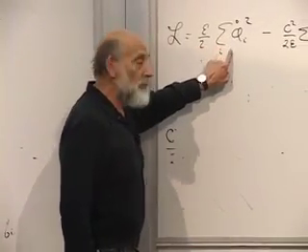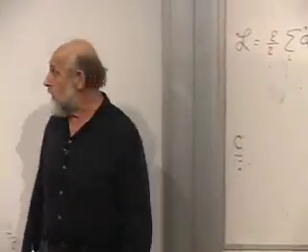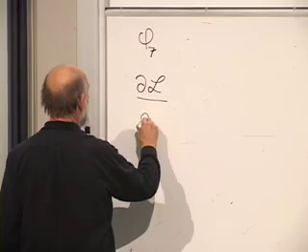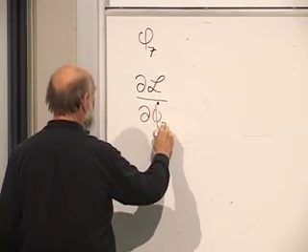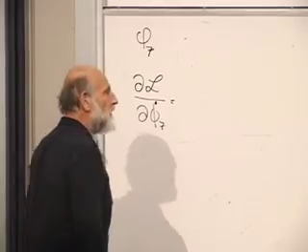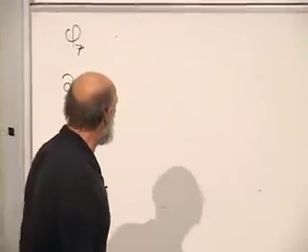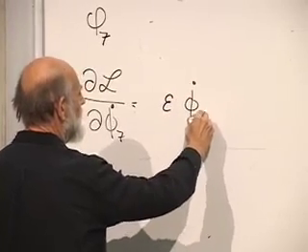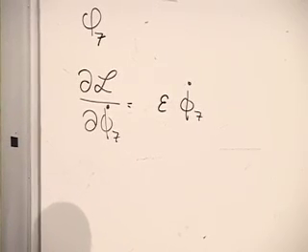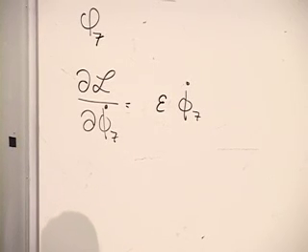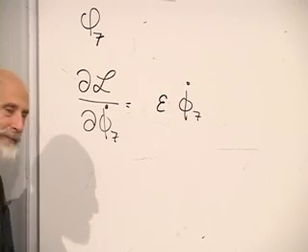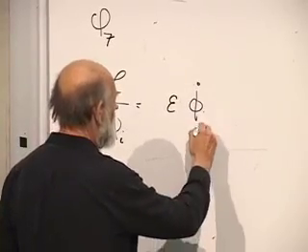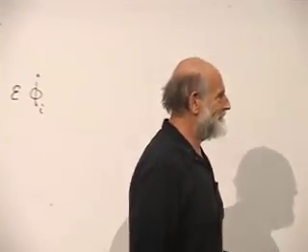Phi_7 dot occurs in only one term here. So the partial derivative of L with respect to phi_7 dot is just equal to epsilon times phi_7 dot. Did I get it right? Okay, now I see the pattern: the derivative with respect to phi_i dot is epsilon phi_i dot.